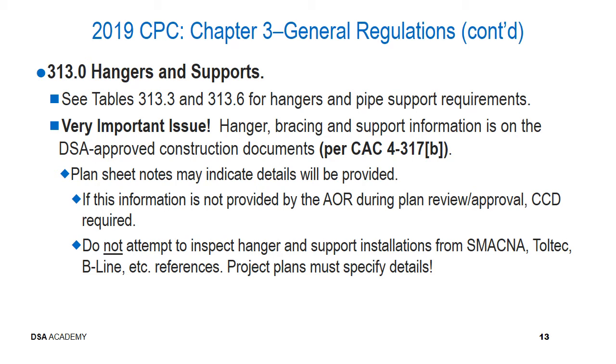These details have got to be provided on the plans, and the inspector must inspect the installation based on the project plans, not on these supplemental references. The supplemental references are primarily used by the design team during the design calculations and to translate the appropriate information to the approved plans.